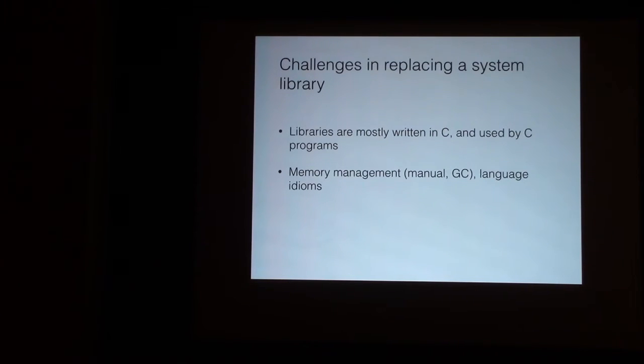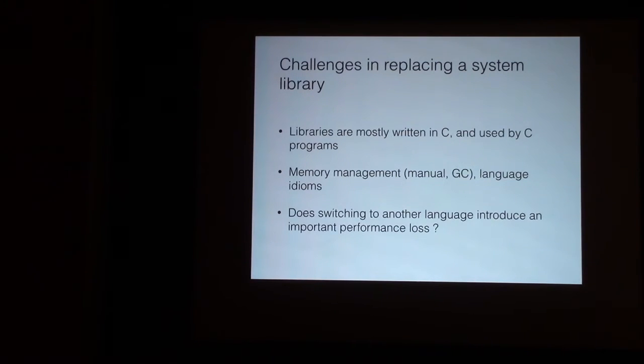If we try to replace this library with one written in another language, we hit a new problem, that is memory management. C is a programming language where memory management is manual, whereas OCaml, for example, has a garbage collector where memory is handled automatically. There are a few other problems like language idioms, where C is a very imperative programming language and OCaml is more of a functional one.